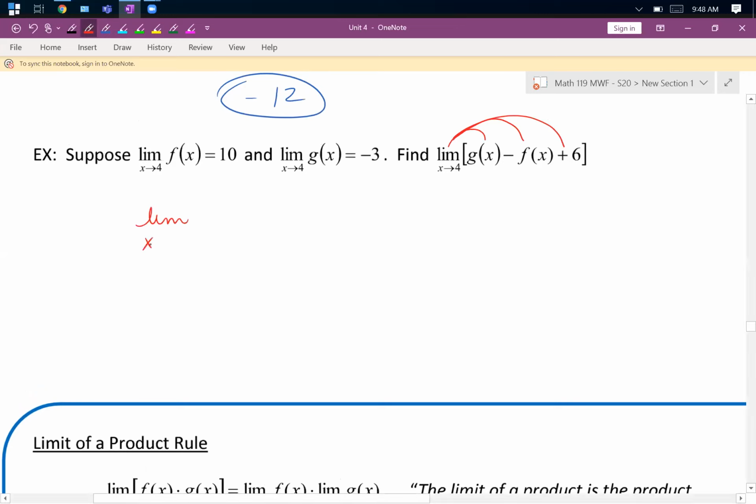We get the limit as x approaches 4 of g of x minus the limit as x approaches 4 of f of x plus the limit as x approaches 4 of 6. We'll find each one of those and add or subtract them.